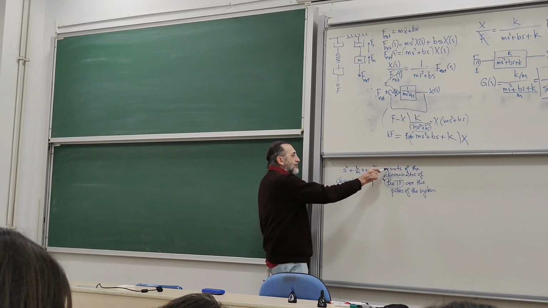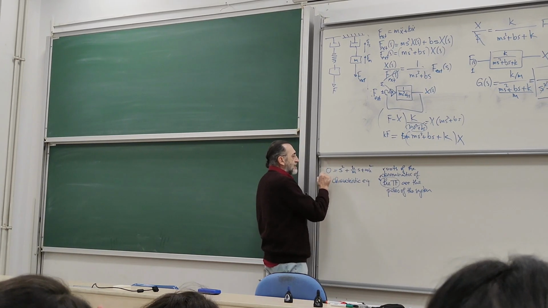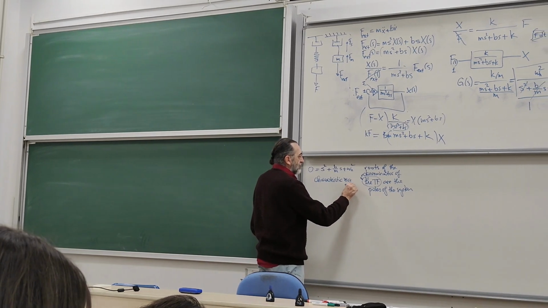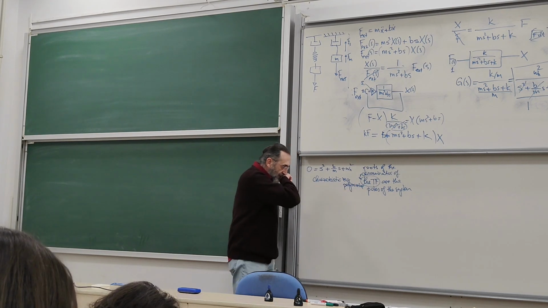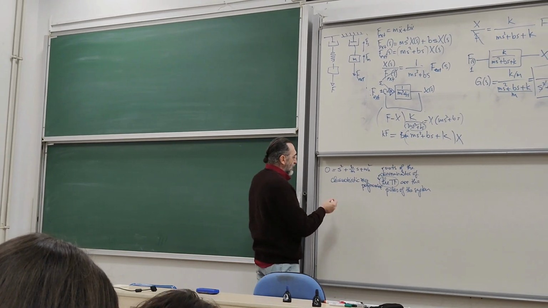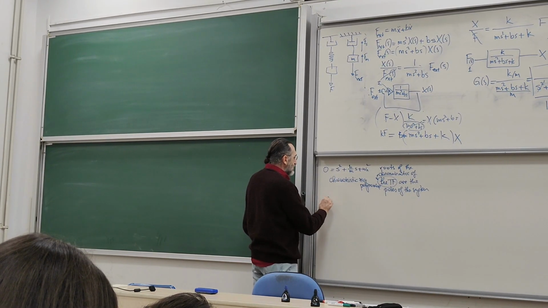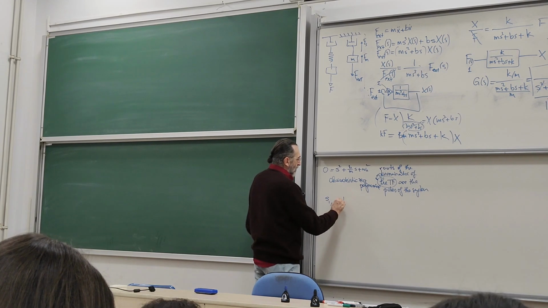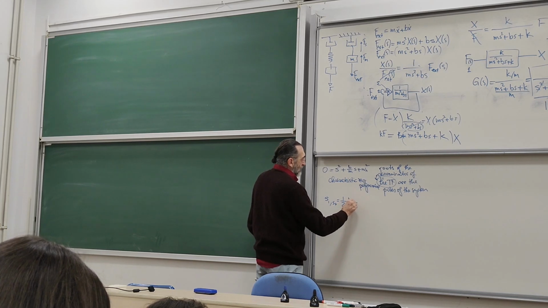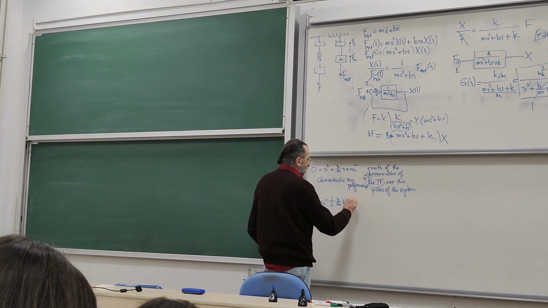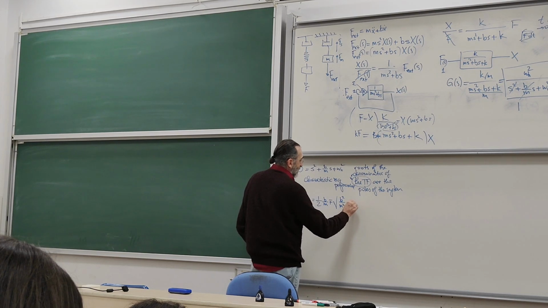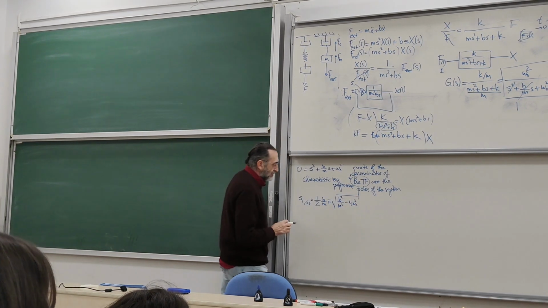So in order to find the roots, we set the characteristic polynomial equal to 0. And then its roots S1 and S2 are going to be 1 over 2 times minus B over M, plus or minus the square root of B squared over M squared minus 4 omega n squared.